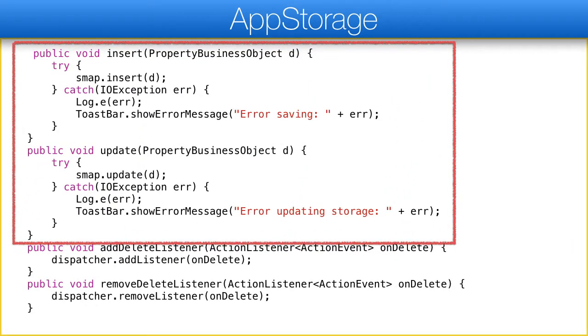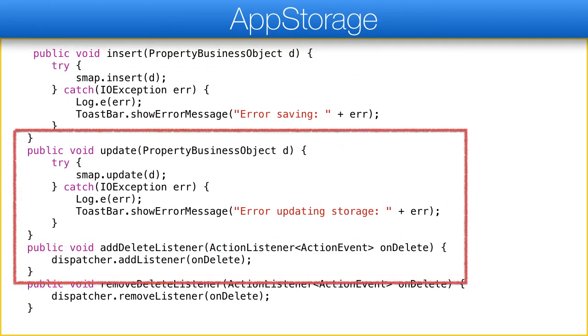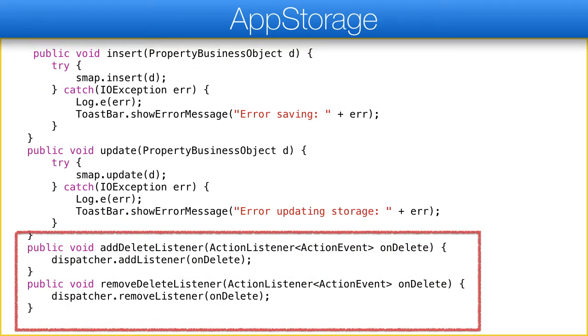Insert and update are pretty much direct wrappers to the built-in methods that handle the exceptions locally instead of propagating the IO exception from the SQLite API. The reason for the delete listener is that we want the dish list to automatically remove the dish when it's deleted by the edit form.